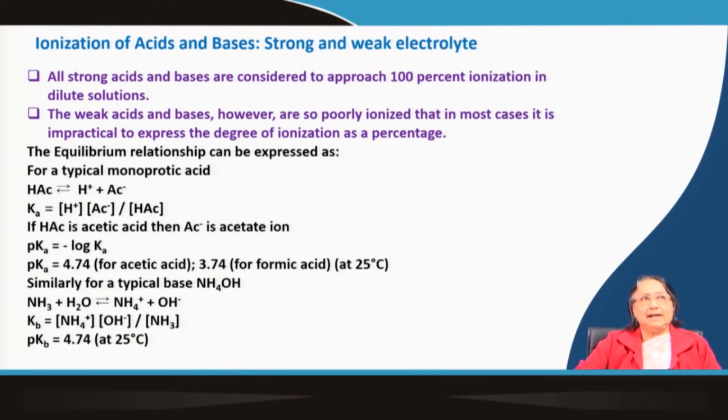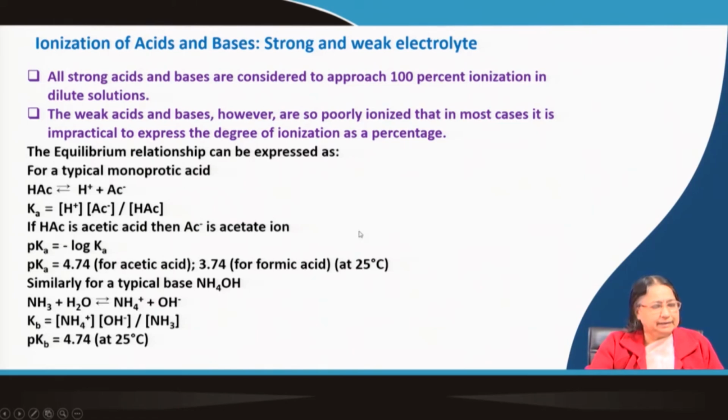Only very slightly will it dissociate, and so it is called a weak acid or weak electrolyte. Weak acids and bases, however, are so poorly ionized that in most cases it is impractical to express the degree of ionization as a percentage.